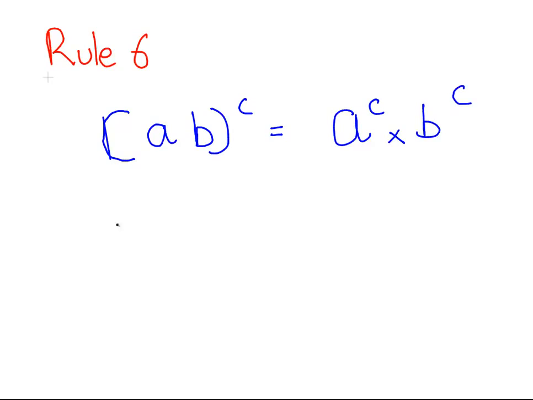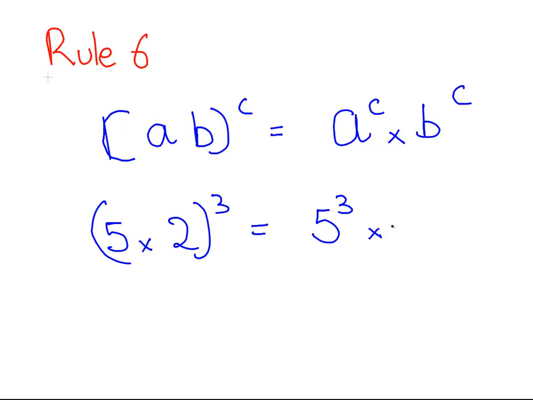Let's have a quick example. 5 times 2, cubed, can be written as 5 cubed times 2 cubed. If you work that out in your calculator separately, you find that that is 10 cubed, which is 1,000.